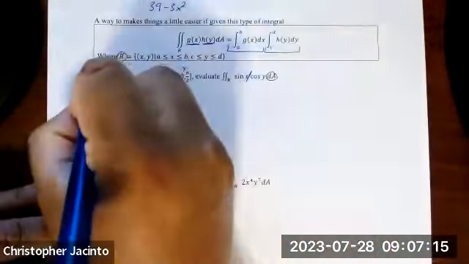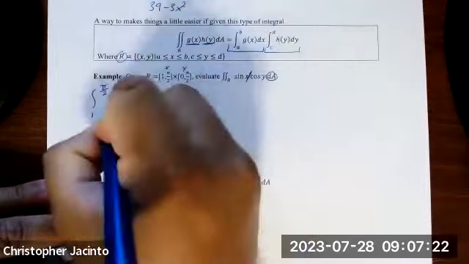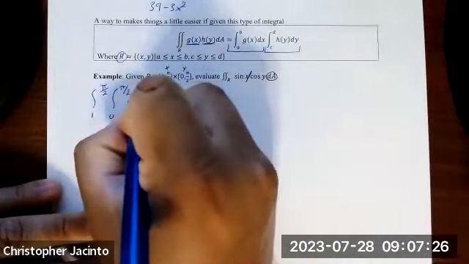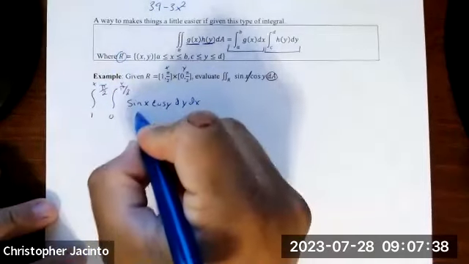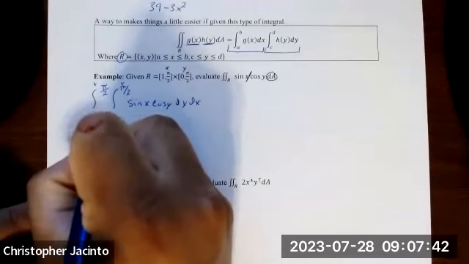So how this could break out is we could do the integral from 1 to pi over 2 and from 0 to pi over 2 of our function sine of x cosine of y dy dx. Using our rule, I can break this apart, and since this is x and this is y, I can do each integral separately.